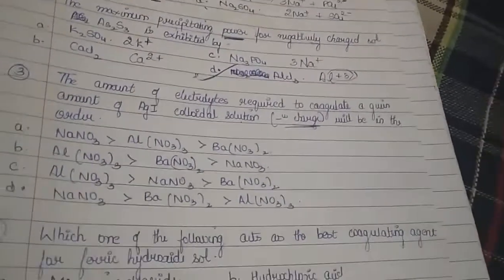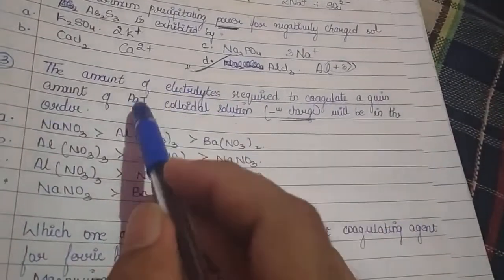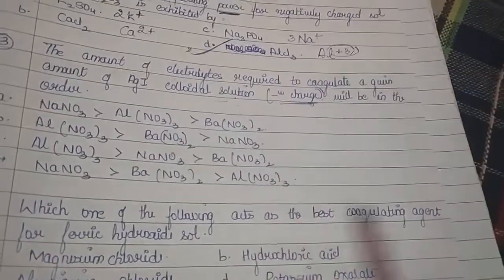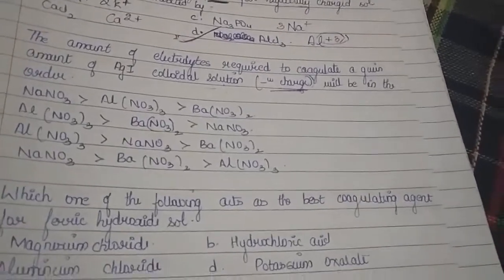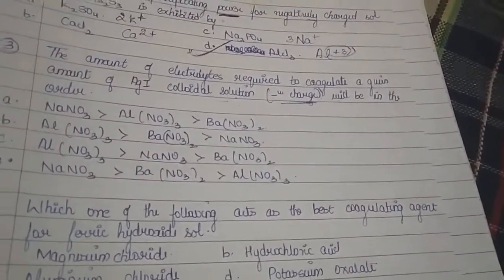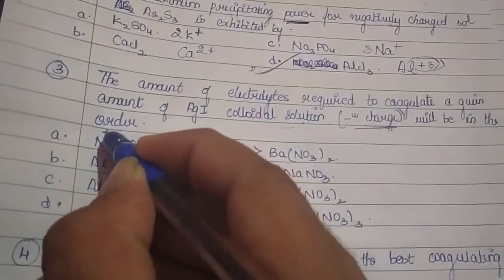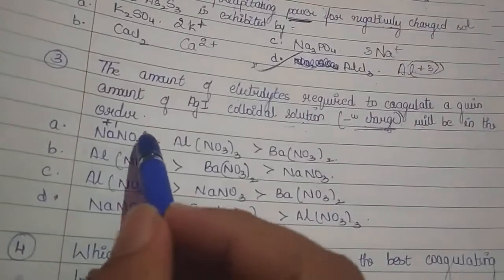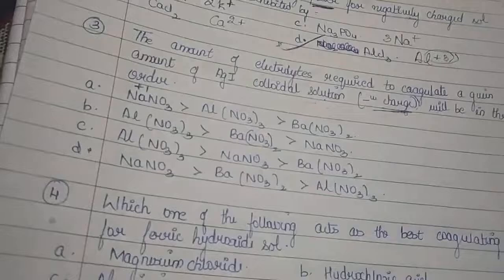Okay, which ion should I look at? Positive or negative? Of course, the given colloidal solution is having a negative charge. So I should choose an electrolyte which is positively charged. So I should check the valence of my positively charged electrolytes. Coming over here, here I am having just +1. Of course it cannot be highest, since the valence is low. Okay, rejected.